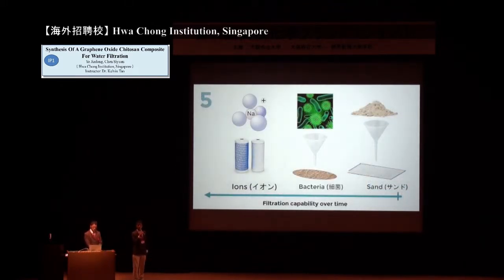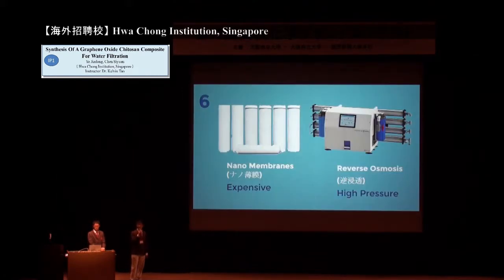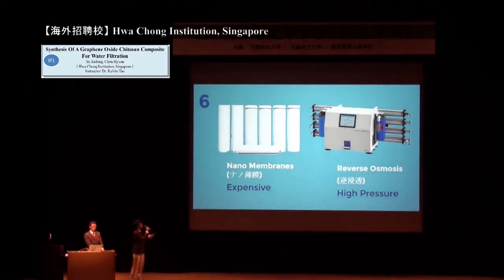Let me give you a brief history of filtration. Our ancestors were able to filter large solutes like sand using simple methods like cloth. And today we have improved. We are able to filter even smaller solutes like bacteria and ions. Common filtration techniques today are nanomembranes and reverse osmosis.